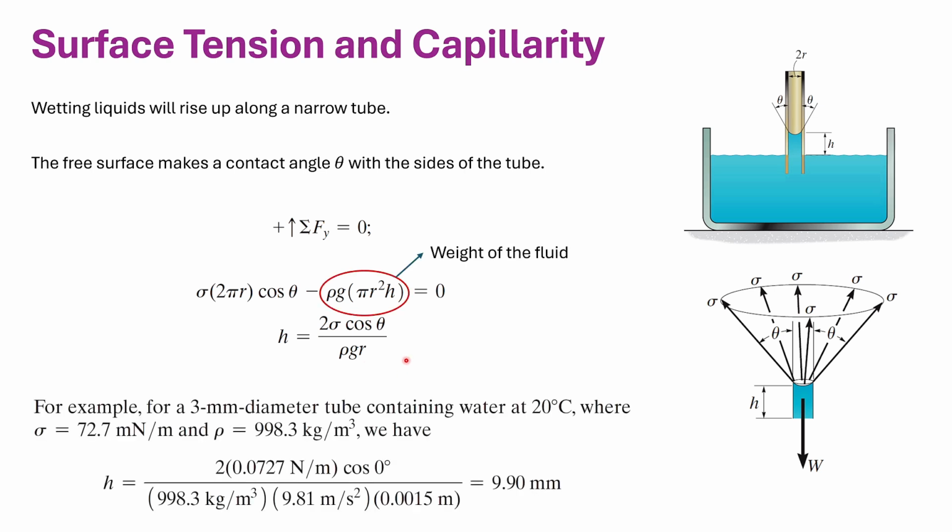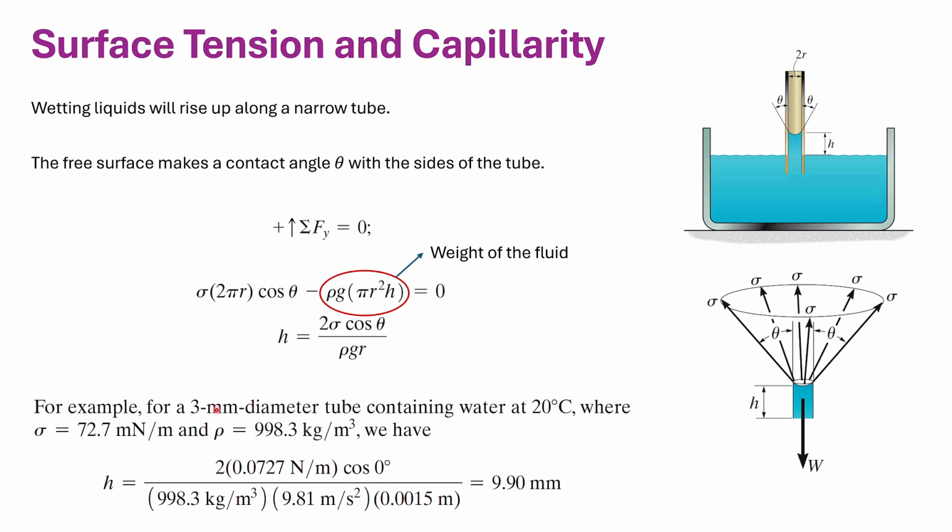As an example, for a 3 mm diameter tube containing water at 20 degrees C, where sigma is equal to 72.7 millinewtons per meter and rho equals 998.3 kilograms per meter cubed, we can find H, which is how much water will rise in that tube.